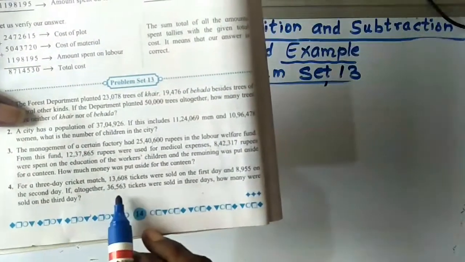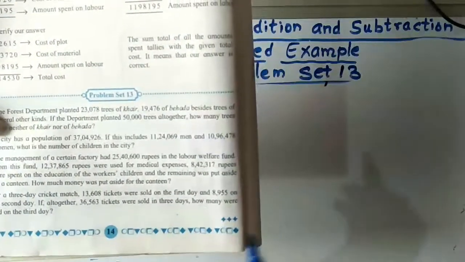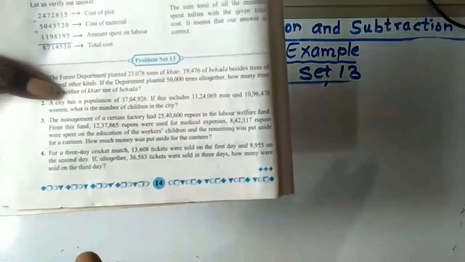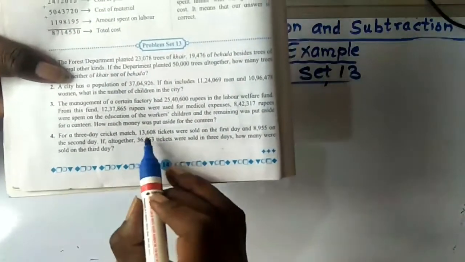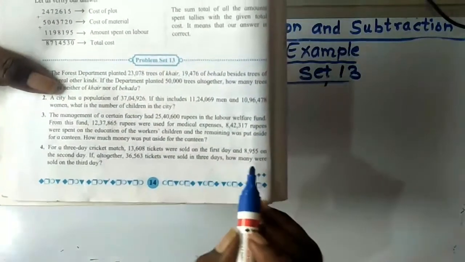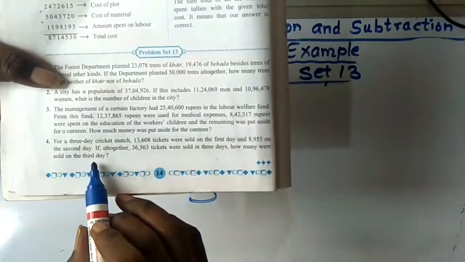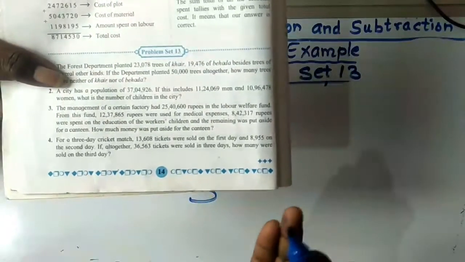For a 3-day cricket match, 13,608 tickets were sold on the first day, 8,955 on the second day. That means there are cricket matches for 3 days. In this, first day, 13,608 tickets were sold. Second day, 8,955 were sold. But we want to find for the third day. We don't know how many tickets were sold on the third day.